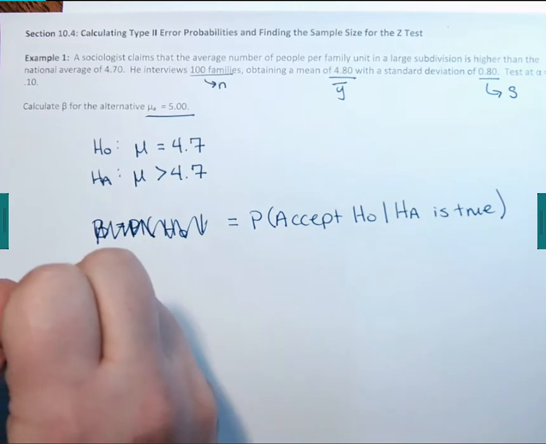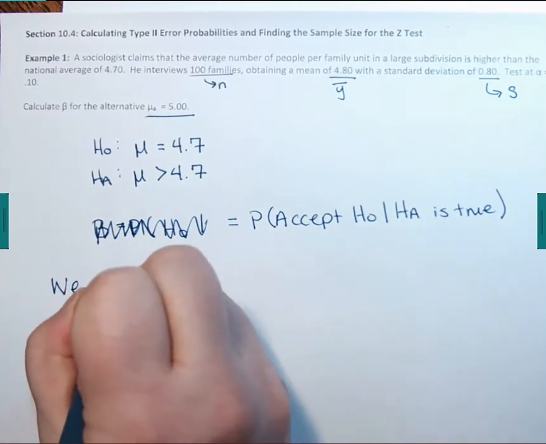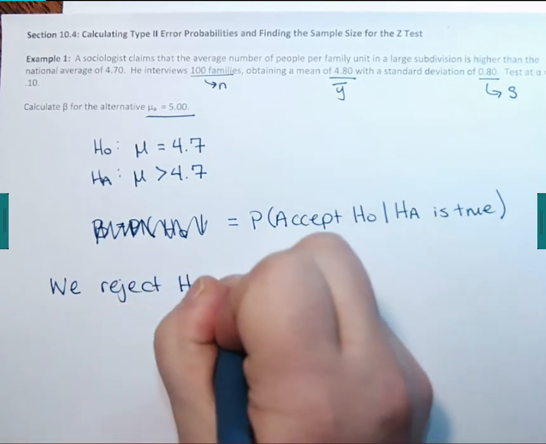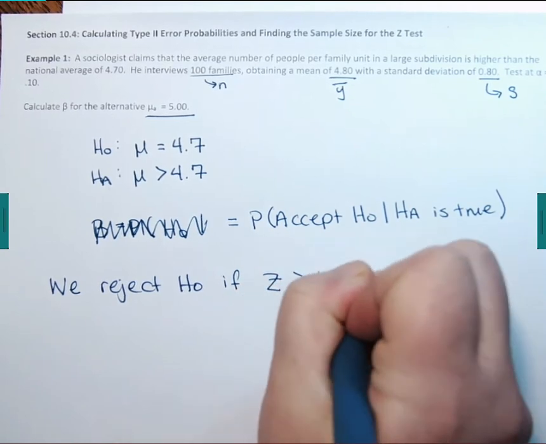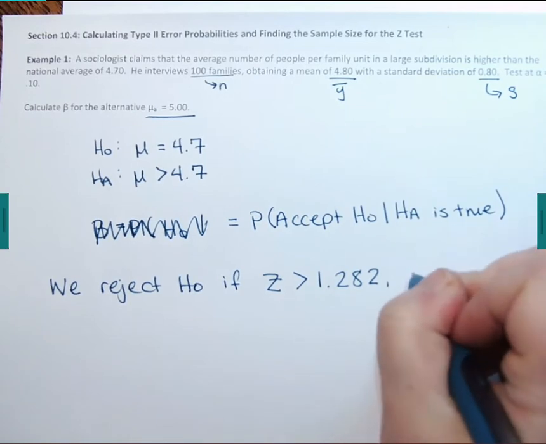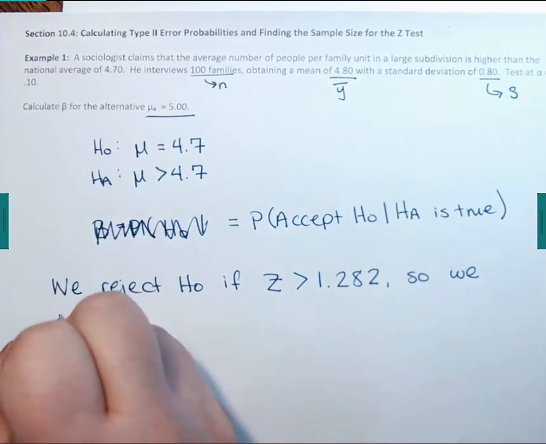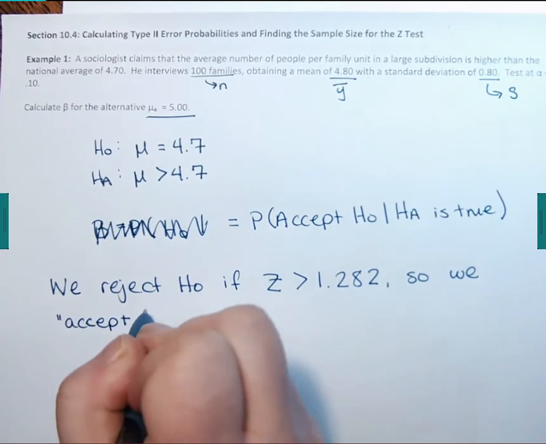And then recall, if we look at the rejection region, we reject H0 if the z that we find is greater than 1.282. So what this tells us is that we "accept" the null, and I'm putting this in quotation marks because we know we don't actually accept the null.